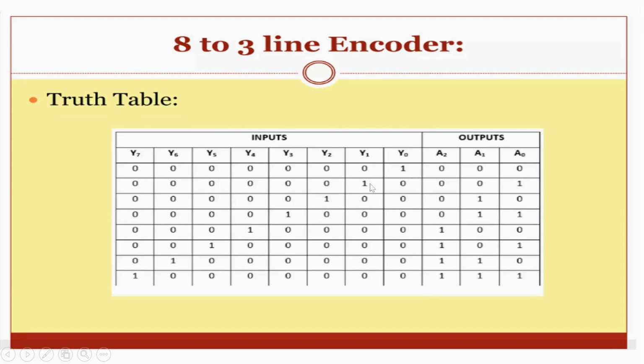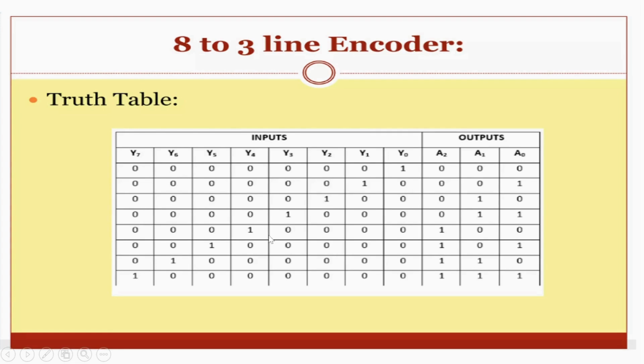Then we pressed switch 1, the binary value of 1 is 1, so 0 0 1. Then we pressed button 2, the binary value of 2 is 1 0, so we got 0 1 0. Then we pressed switch 3, the binary value of 3 is 1 1, so we wrote 0 1 1.